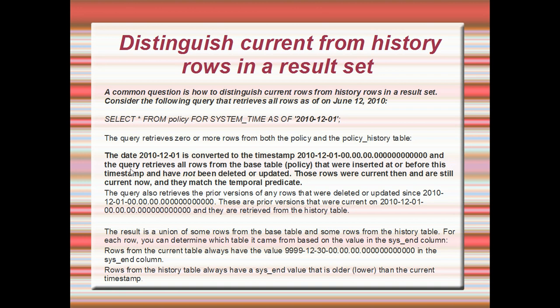And the query retrieves all rows from the base table policy that were inserted at or before this timestamp and have not been deleted or updated. Those rows were current then and are still current rows, and they match the temporal predicate.